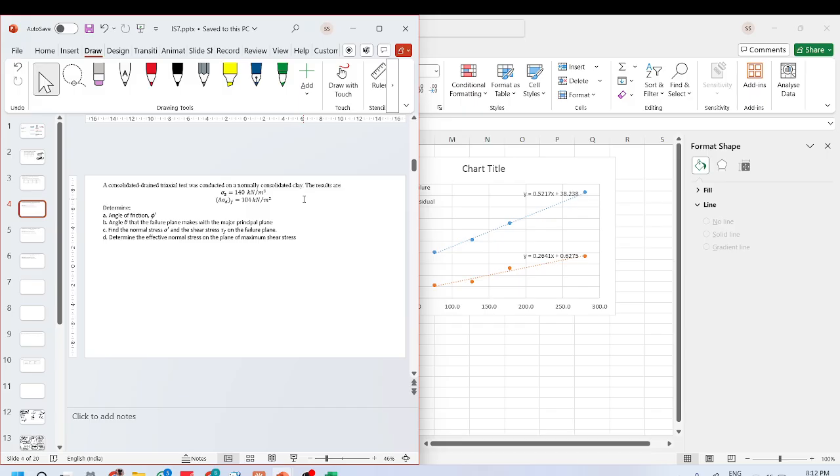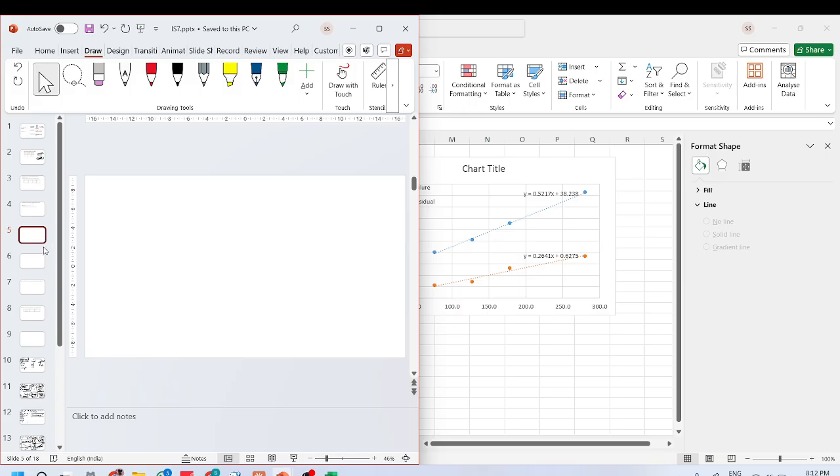Determine the angle of friction, the angle that the failure plane makes with the major principal plane. Find the normal stress and the shear stress on the failure plane. Determine the effective normal stress on the plane of maximum shear stress. Okay, this is same. This is same.